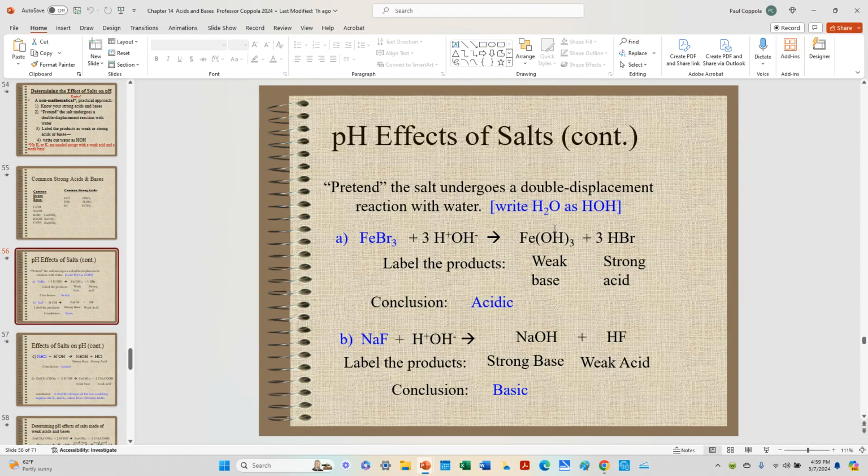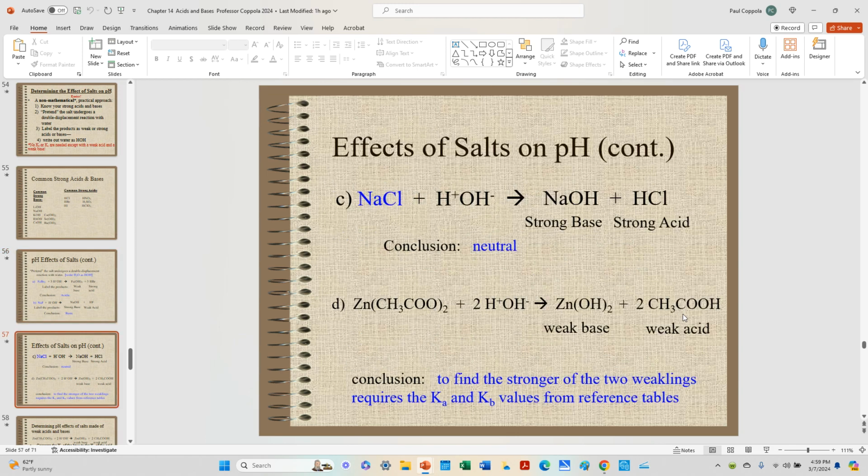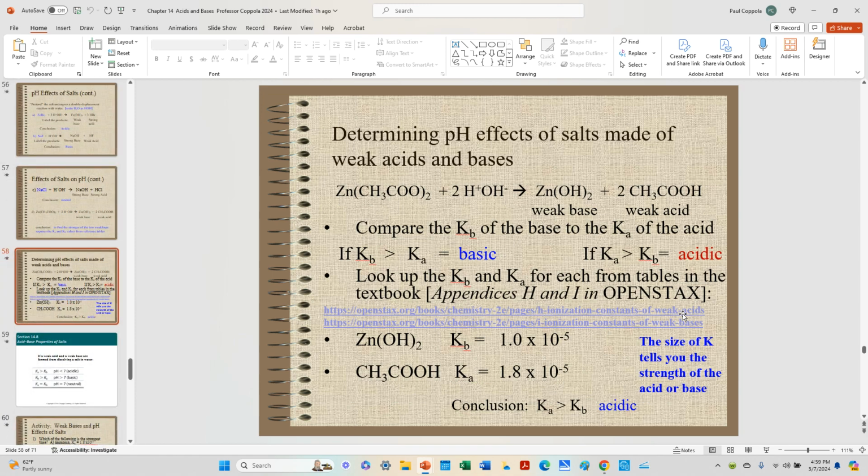Okay, and then in slide 56 and slide 57, you should go over those, and you should know how to determine when you mix these salts with water, will the resulting solution be acidic or basic or neutral? I give some examples there in 56 and 57, and then 58. What happens when you have two weaklings together? They're both weak.